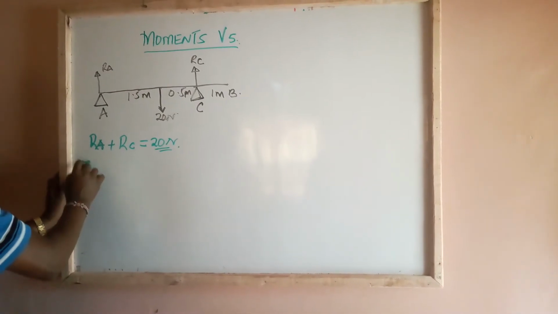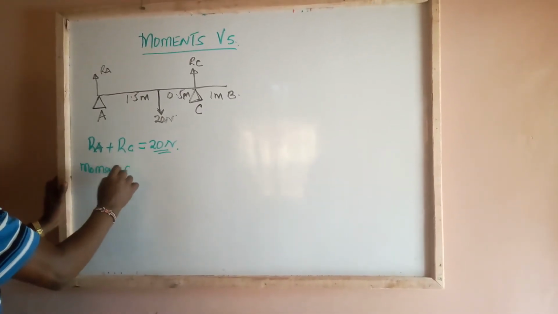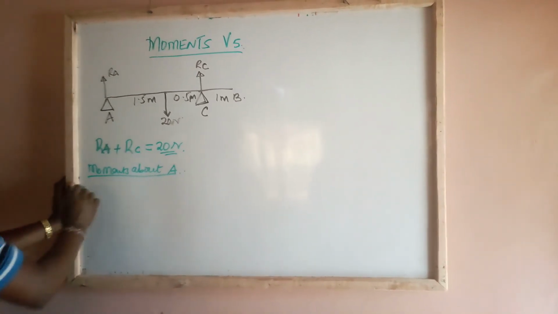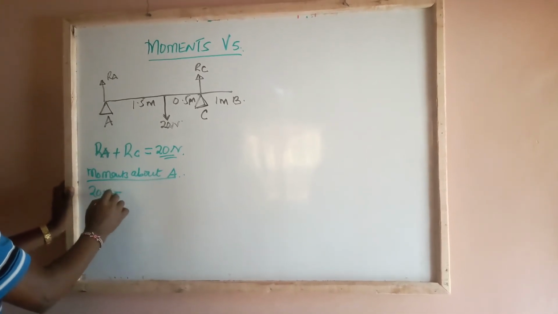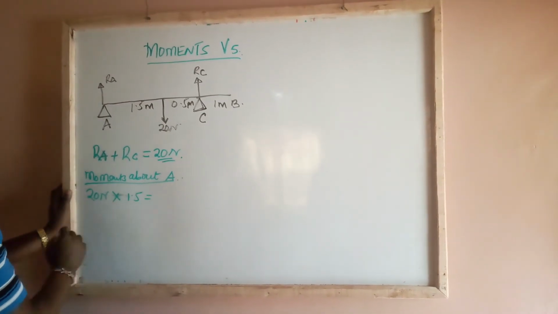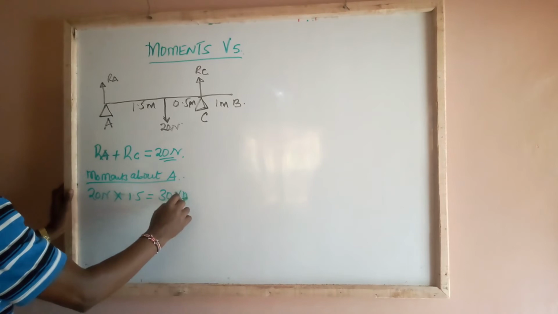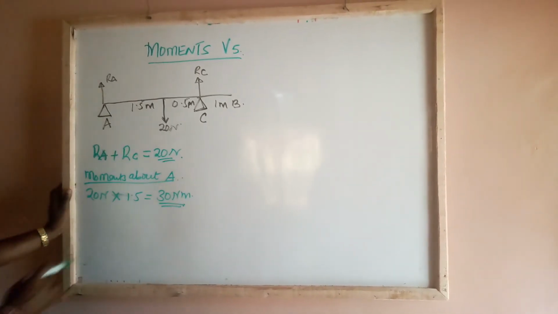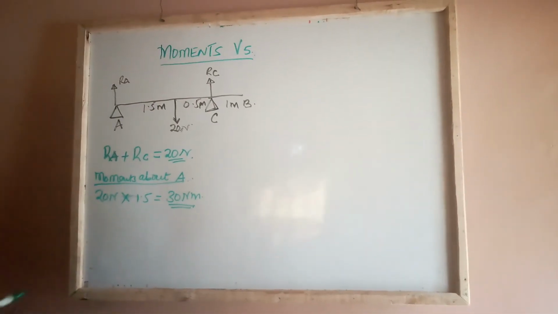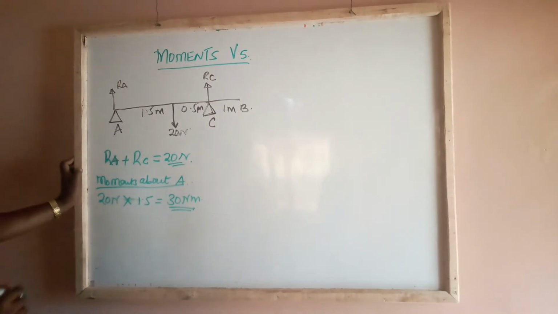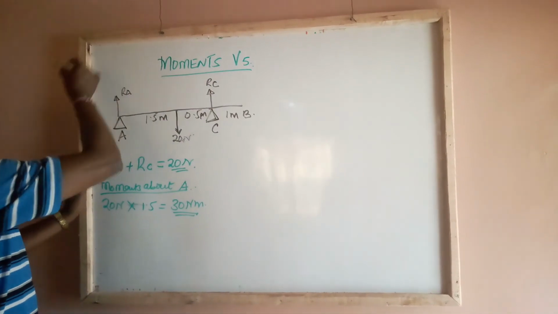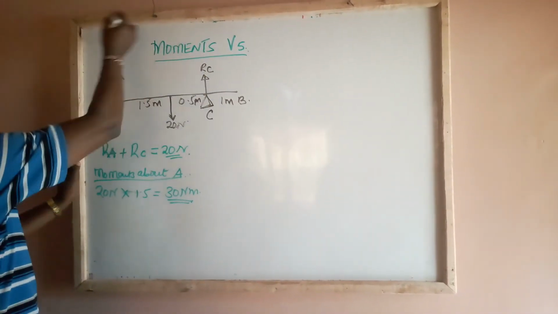So let's talk about the moments. Moment about point A: 20 newtons multiplied by the distance, which is 1.5, gives 30 newton meters. That is the moment generated by the 20 newtons. Let us calculate now the moment generated by the reaction at C. And the reaction at C, because it is going upwards, will be anti-clockwise.